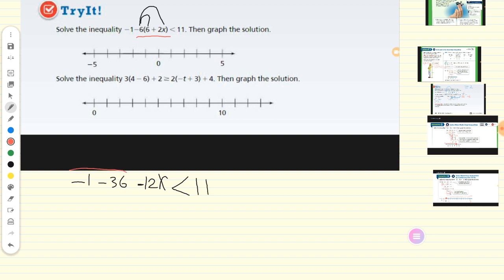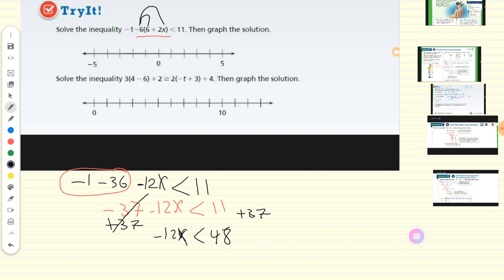Collect like terms, we'll collect them together. So it will be negative 37 minus 12x less than 11. Add 37 to both sides. First step, inequality. The remaining here will be negative 12x less than 11 plus 37, which is 48. Divide both sides by negative 12.